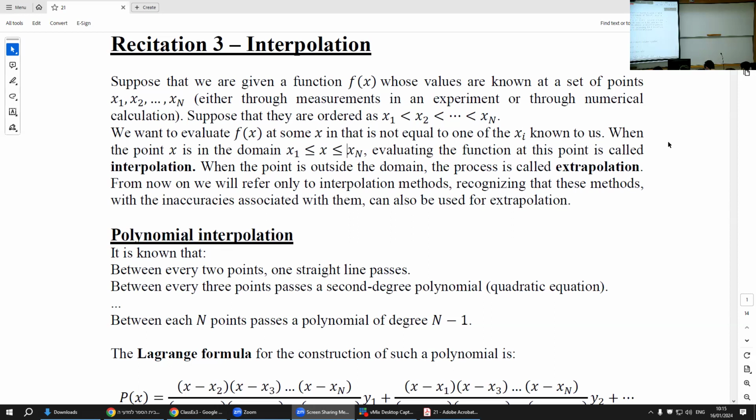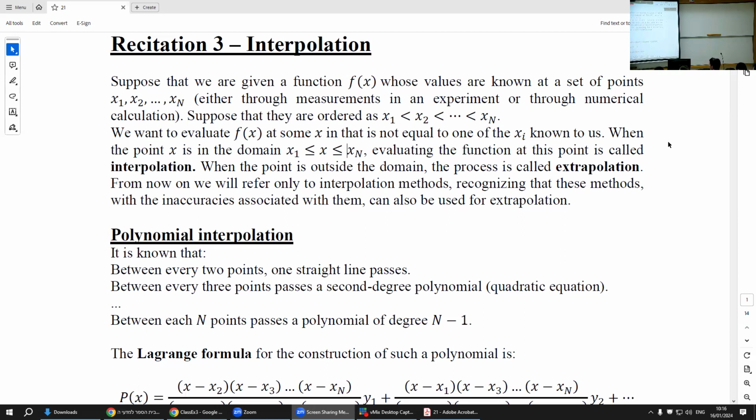And if I want to build the polynomial that equals y1 at x1, y2 at x2, and y3 at x3, what is the polynomial? You understand what I'm doing? Yes, that's it.